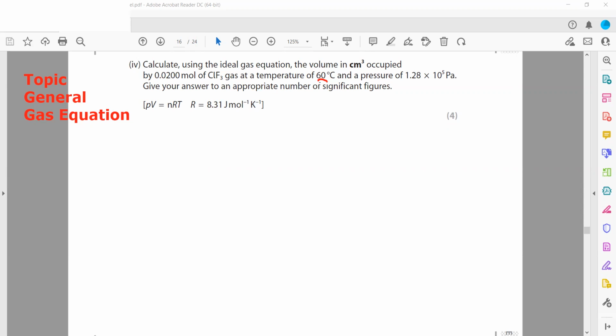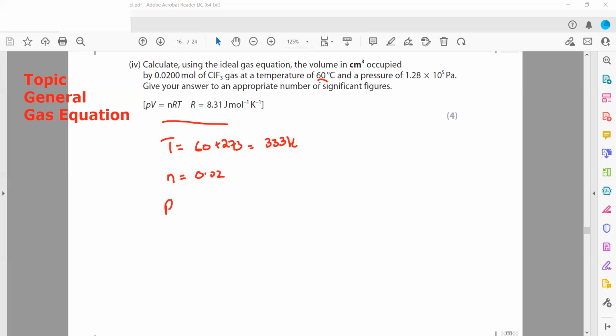So we will convert the units first, and in the last part, we will just substitute in the formula. The temperature is 60 degrees, so we have to add 273, so it will be 333 Kelvin. Here n represents the number of moles, which is 0.02.